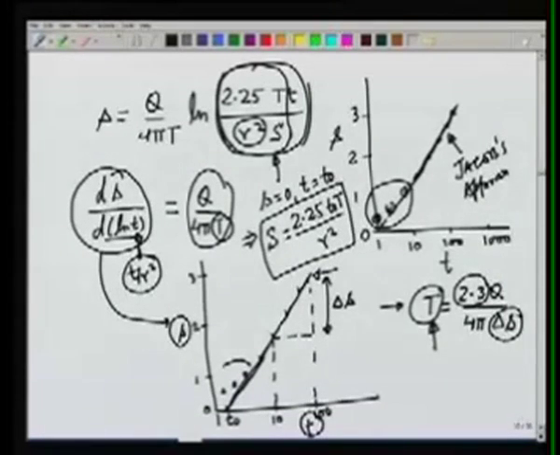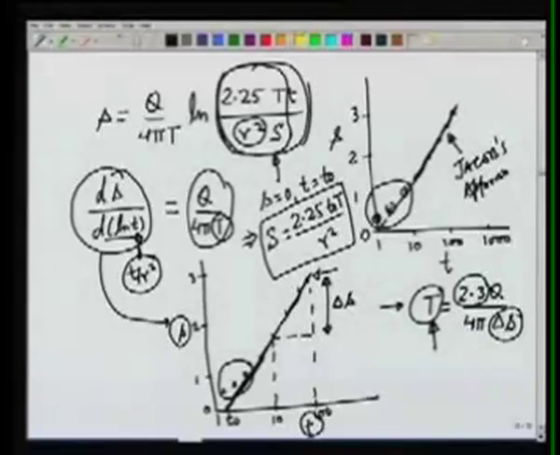Early portion will not be on the straight line, but the late portion will be on the straight line. We extend the straight line to intersect the t-axis at s equal to 0, which gives t equal to t0. We also note down the change in drawdown in 1 log cycle of t, and we call that delta s.